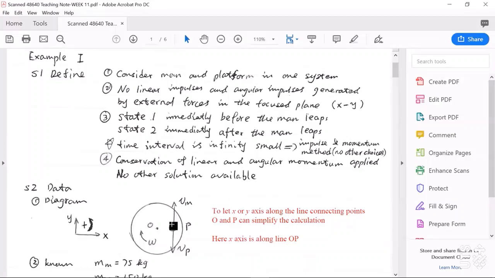If we have a top view on this platform and this man, and we define this view is on an XY plane, then you can see in this XY plane, no linear impulses and angular impulses are generated by external forces in this plane.